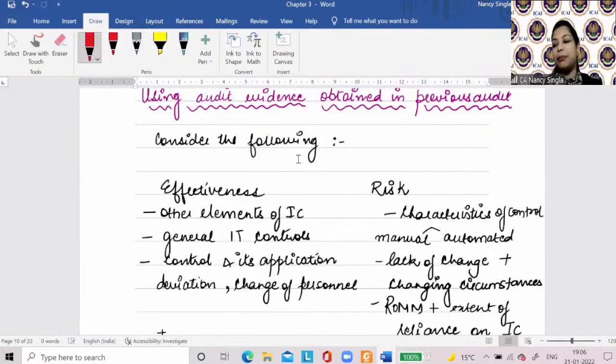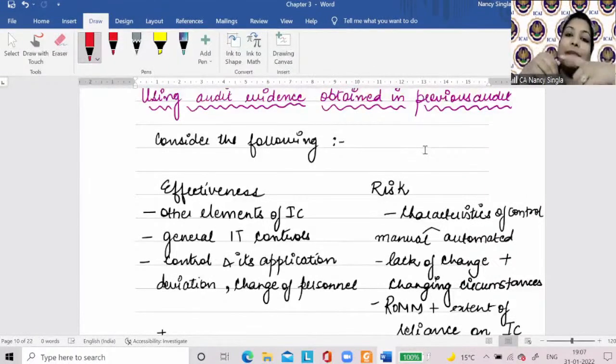But with respect to relying on the audit evidence obtained in previous year with respect to internal control, before relying on that, the auditor shall consider the following. क्या क्या consider करना है, उसी के बाद rely करना है. देखो ना, let's say the internal control that was implemented earlier, the accounts of the organization were maintained manually, है ना? उससे related सारे internal control थे.